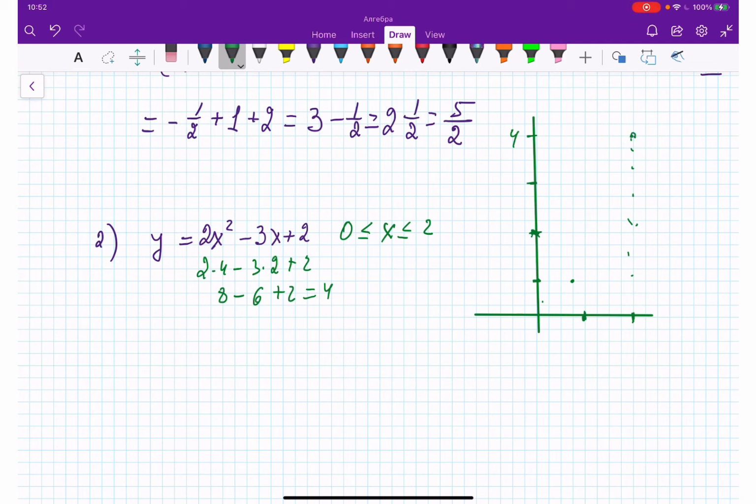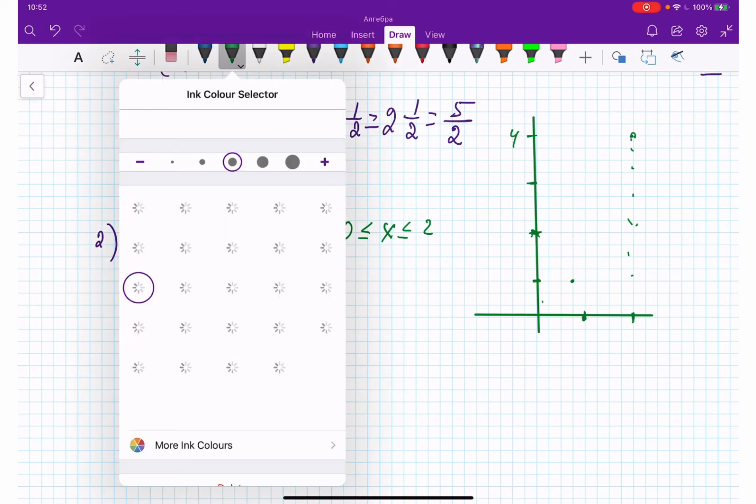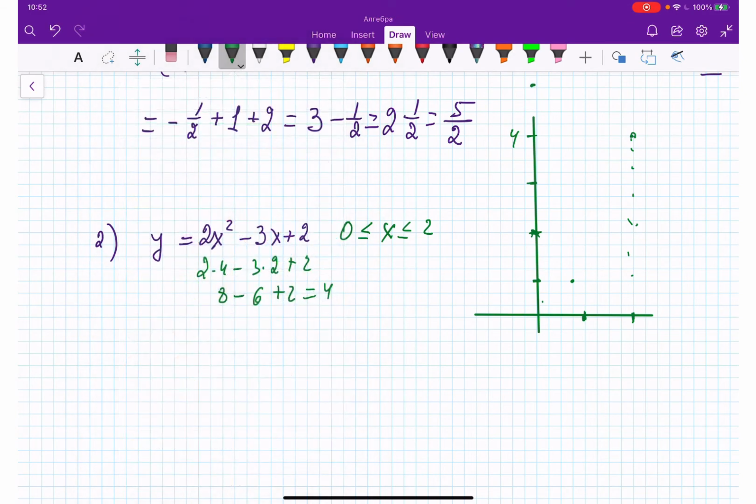Okay, so this is how the graph is going to look. Well, not bad. That's what we have.